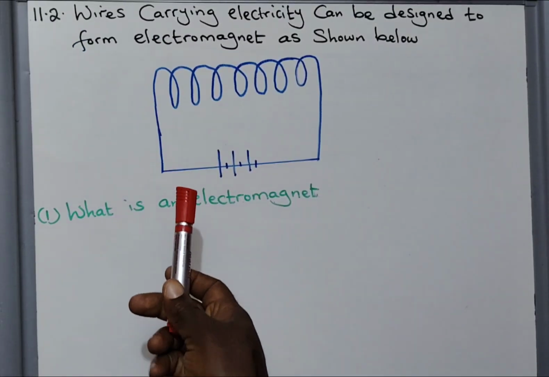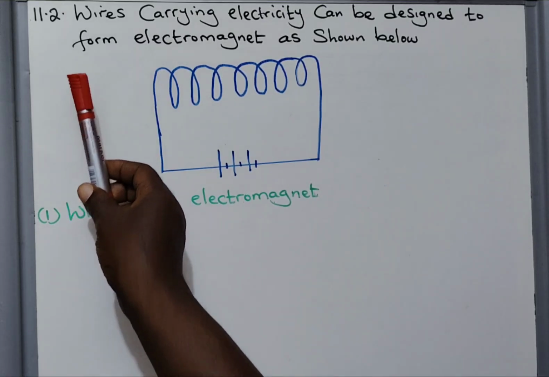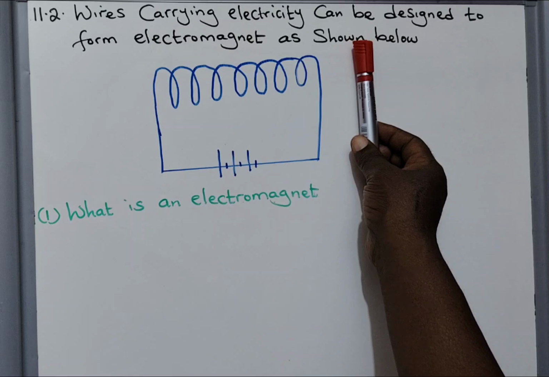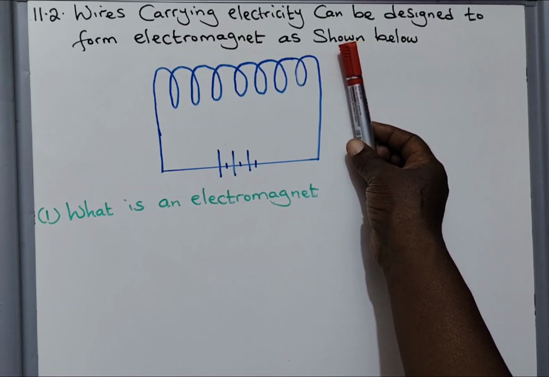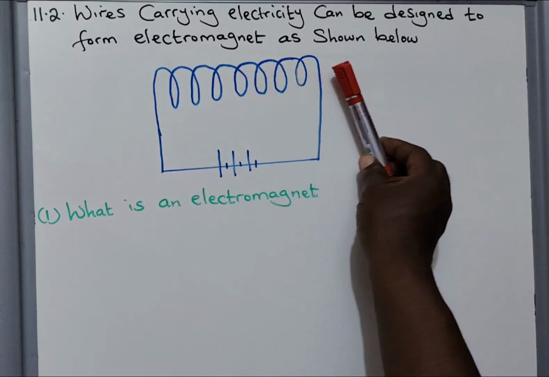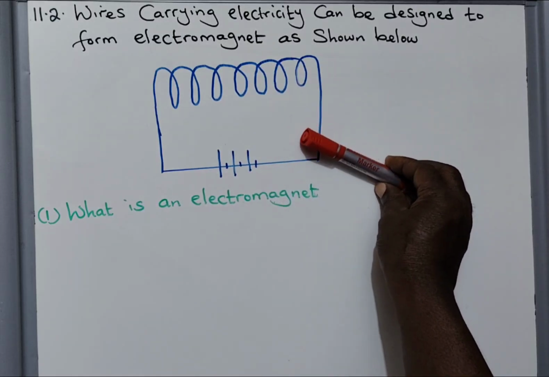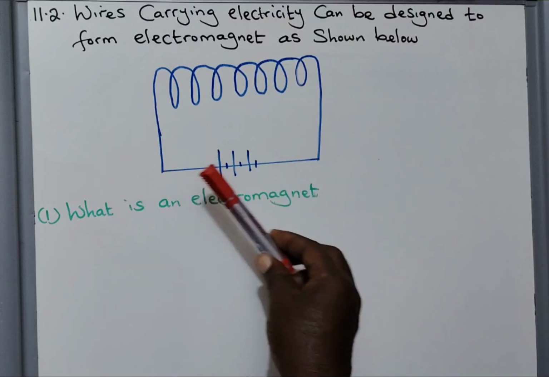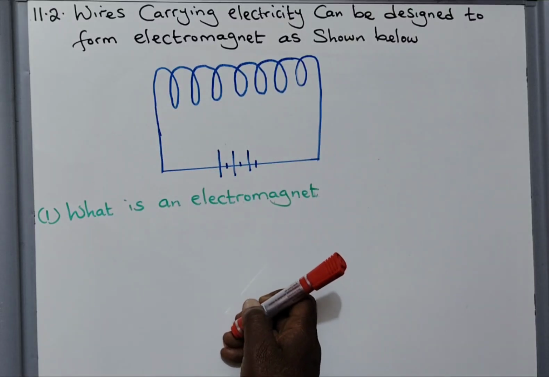Then we come to this one. It says that wires carrying electricity or electric current can be designed to form an electromagnet as shown below. So what you have here is a setup of an electromagnet.